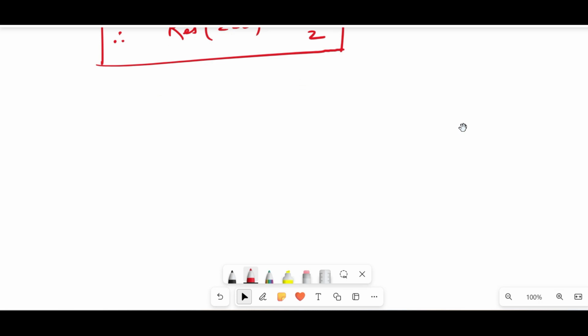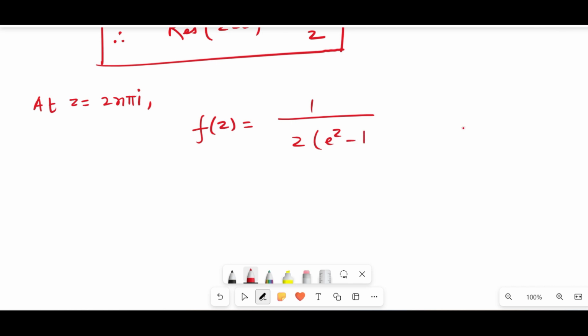So now further we need to find the residue at z is equal to 2n pi i. First of all, we need to consider f of z, that is 1 upon z times e to the power of z minus 1. So we can write here that is 1 by z upon e to the power of z minus 1.